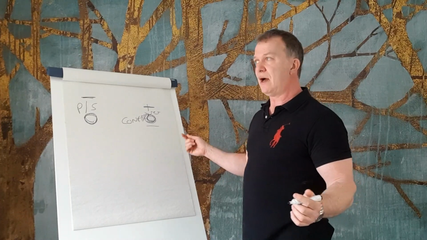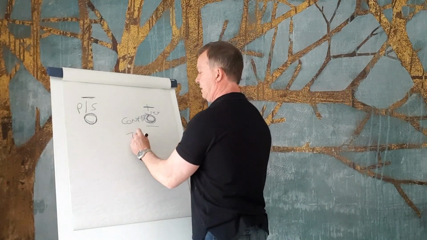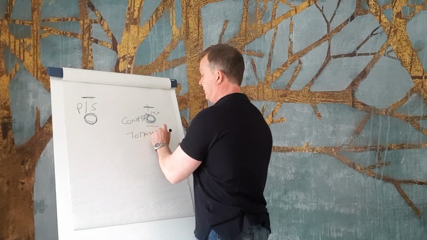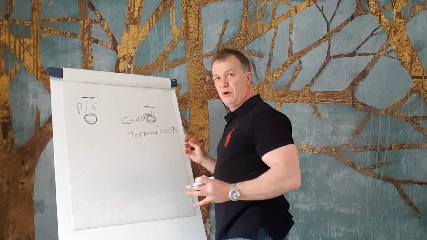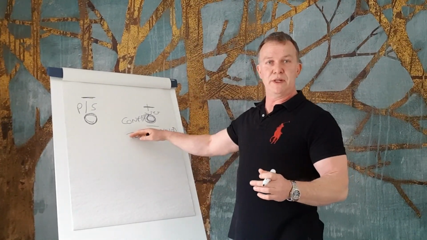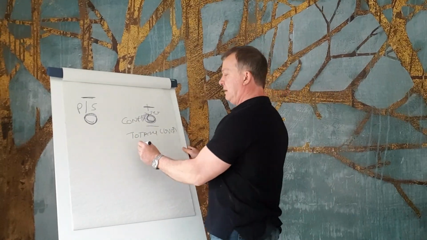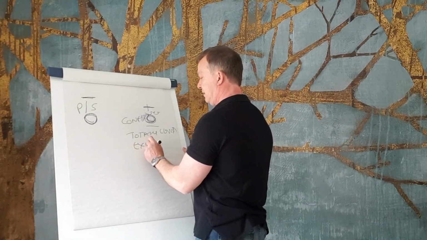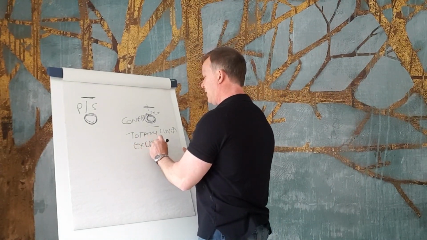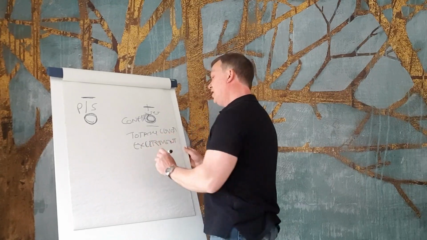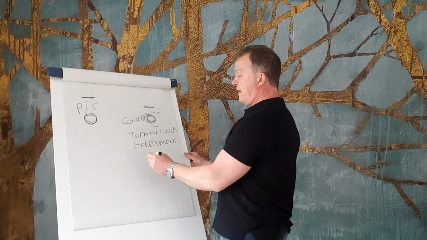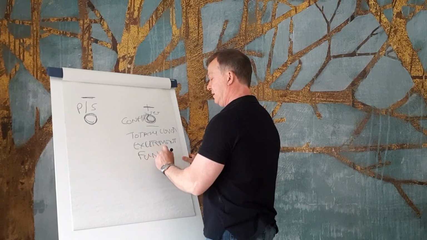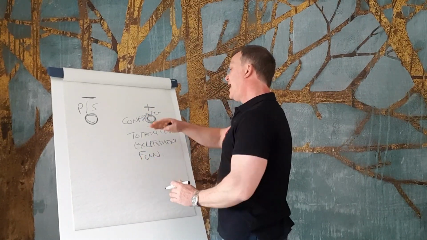They might add totally loved, a feeling of totally loved. So you have them fully associated to feeling totally loved. You might anchor in excitement. You might anchor in fun, a sense of fun, or humour, anything. And you stack those on top.